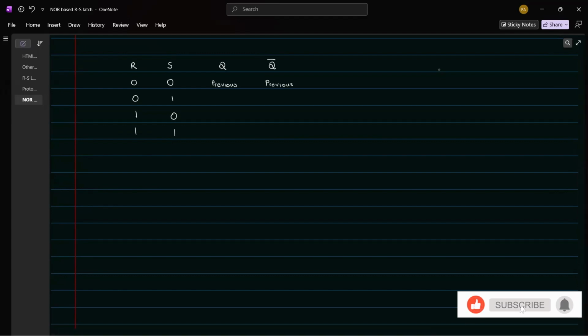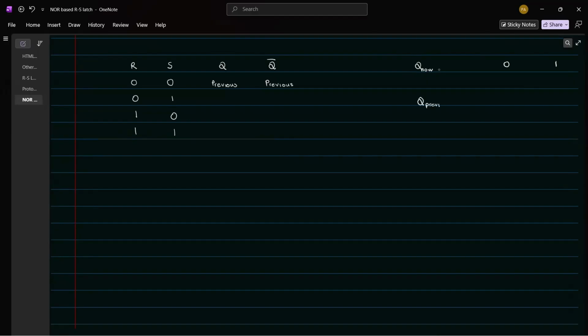Let me explain this specific term. We know Q has two states: either Q is equal to 0 or Q is equal to 1, which is Q now, derived from Q previous. At an exact specific time it's called Q now, and right before this exact time it is called Q previous.